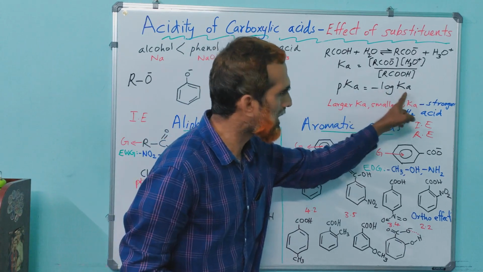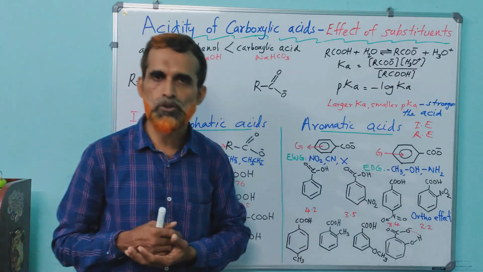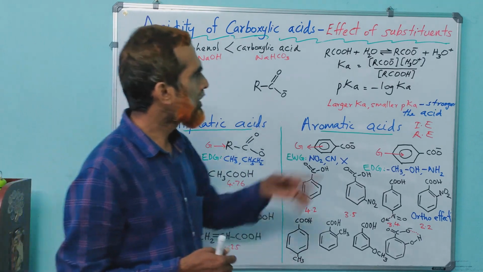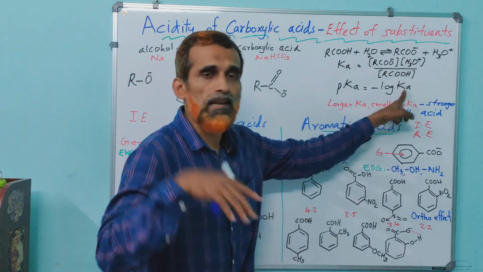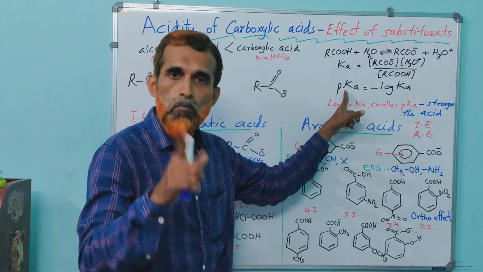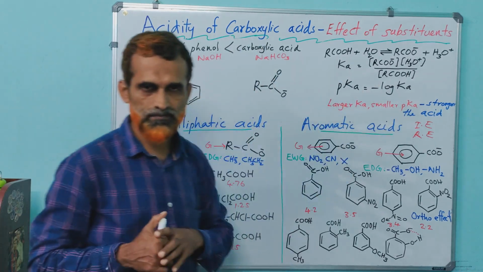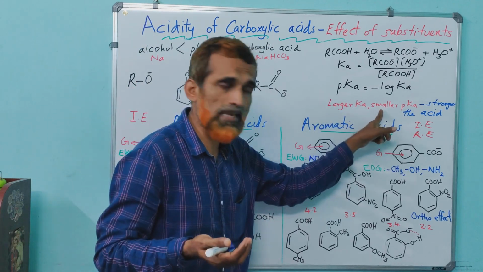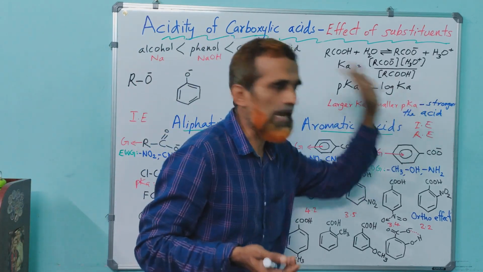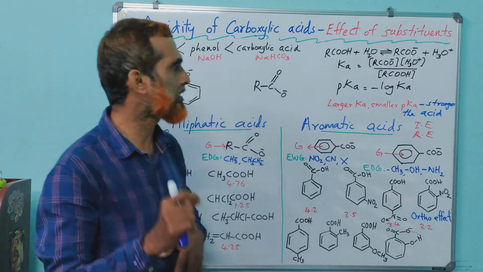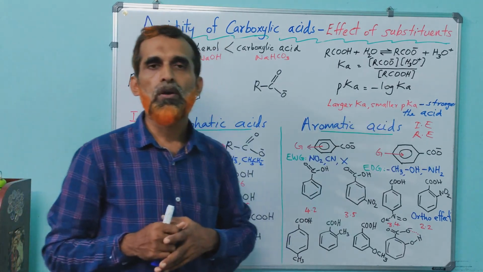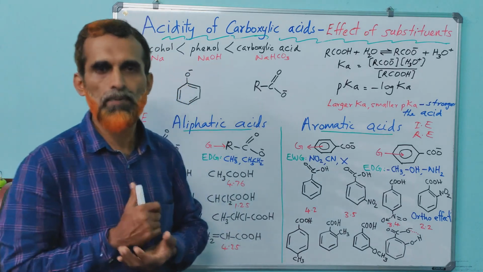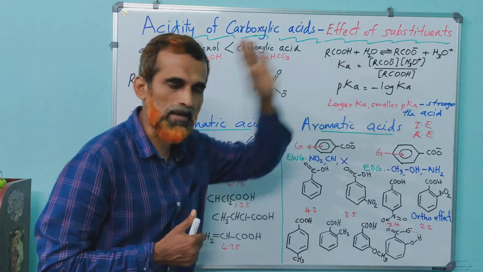So pKa is minus log Ka. This is just like pH, pKw, which are expressed for convenience only. So if Ka is large, pKa will be small because it is negative log. So larger the Ka, smaller the pKa, stronger the acid. If you have the pKa value, you can easily compare acidity based on it. Keep that in mind.